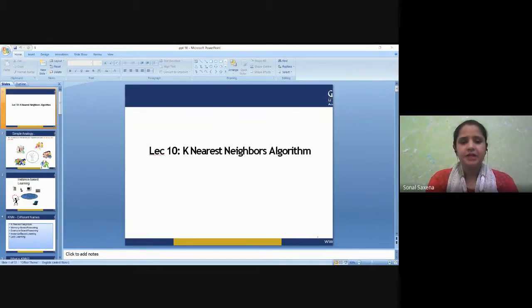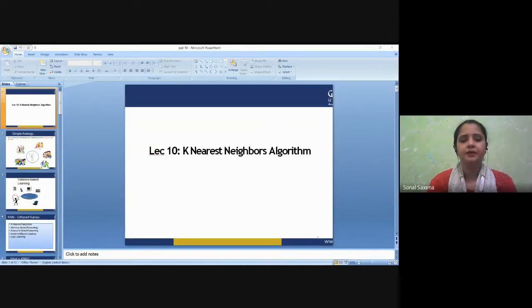The neighbors are taken from a set of objects for which the class, for KNN classification, or the object property value is known. This can be thought of as a training set for the algorithm, though no explicit training step is required. A peculiarity of the KNN algorithm is that it is sensitive to the local structure of the data.